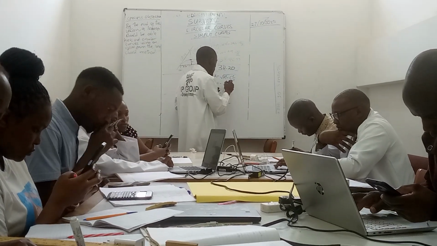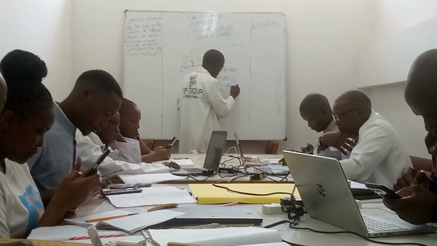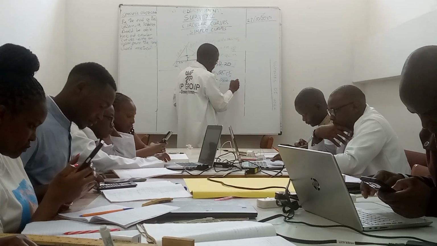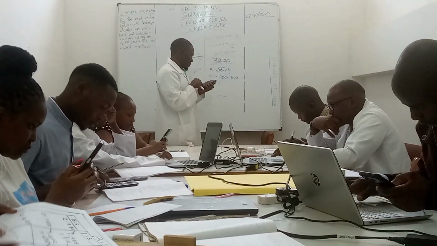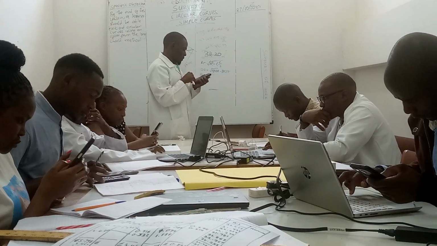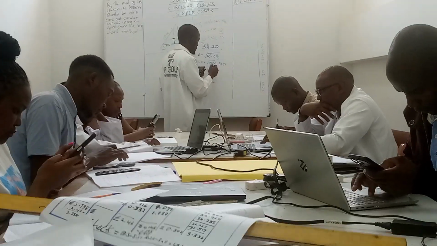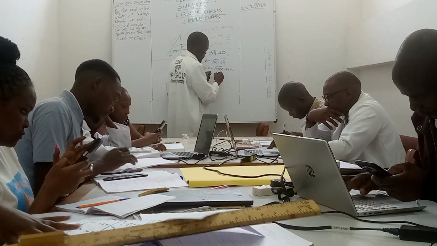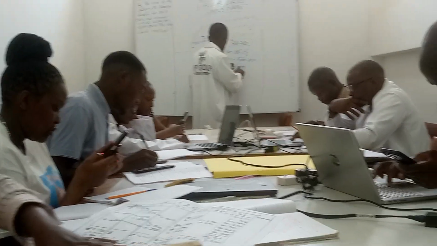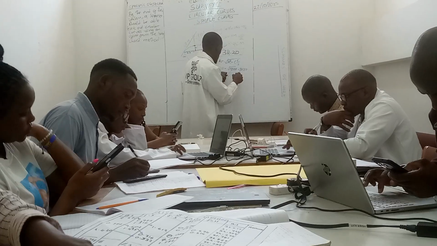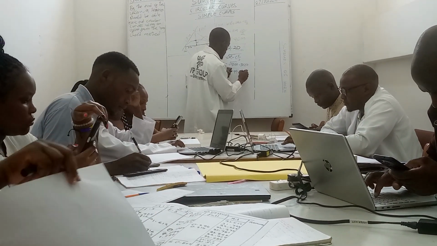100 squared will be 10,000. 10,000 minus 34.20 squared. What's the answer? It will be 9,965.8.